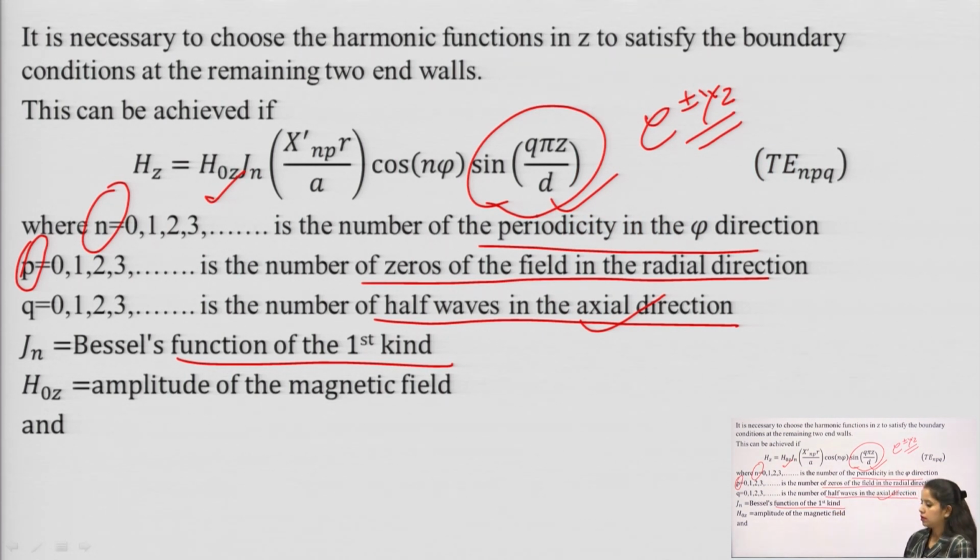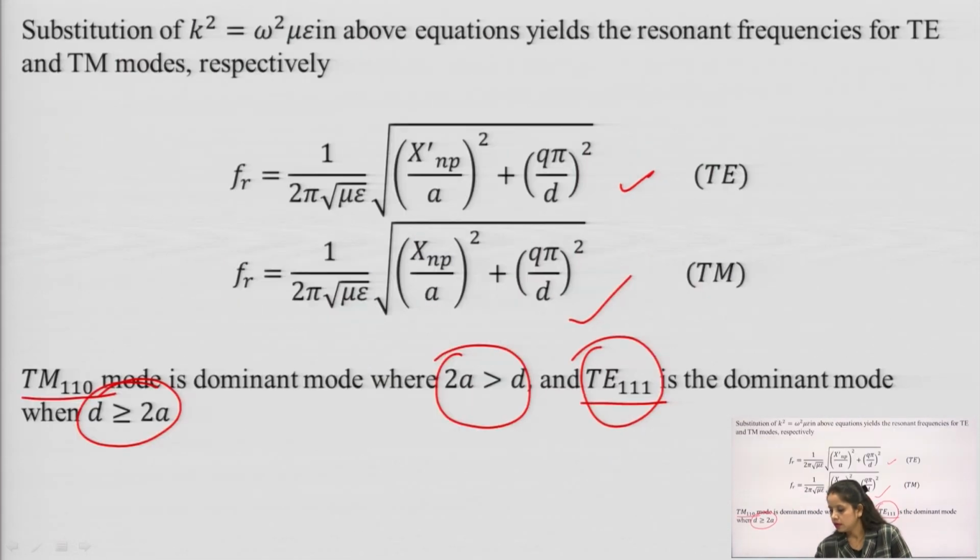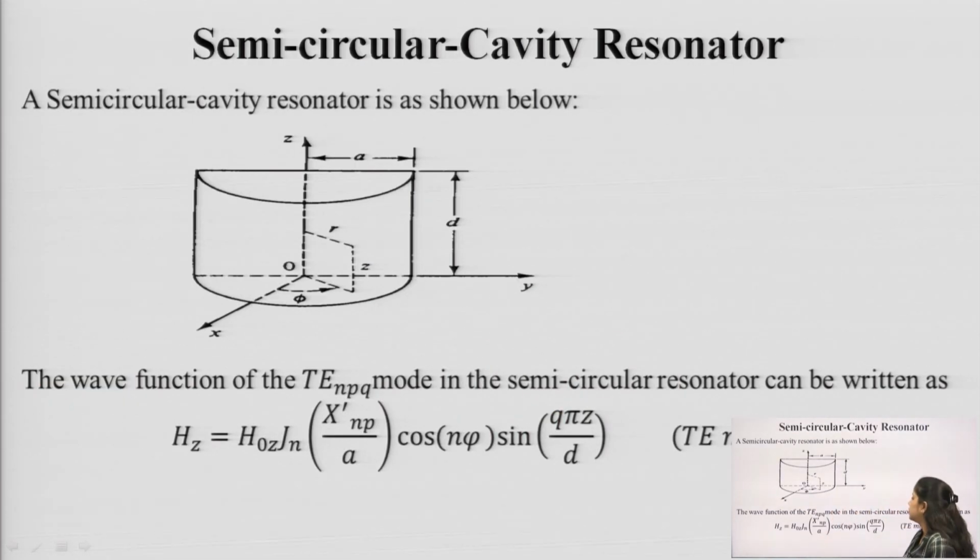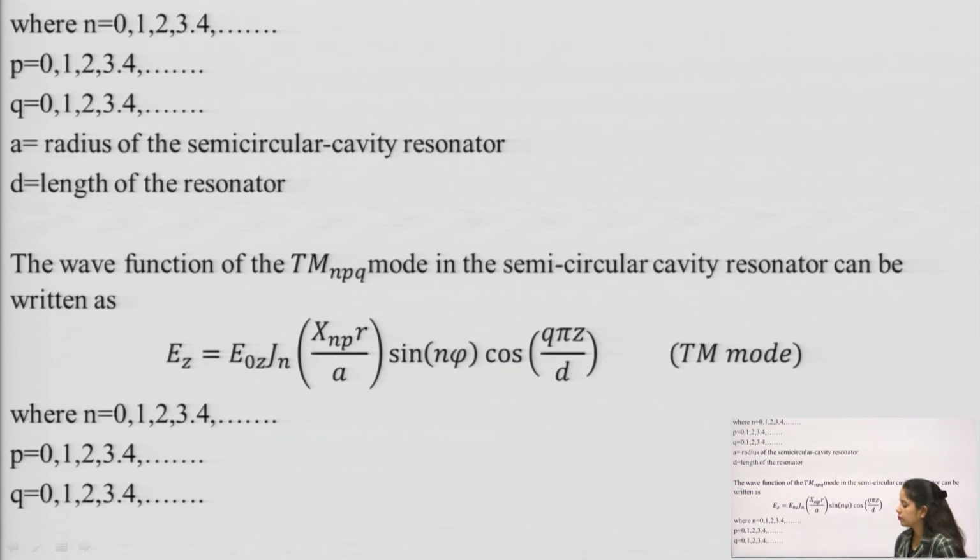If you compare with the previously obtained function, there is not much difference here. Same as before, a is the radius of the semicircular cavity resonator and d is the length of the resonator, as we have for the circular cavity resonator. n varies over 0, 1, 2, 3, 4, 5, 6 and so on. q is the same as for the circular cavity, and the values which exist for the circular cavity are the same for the semicircular.